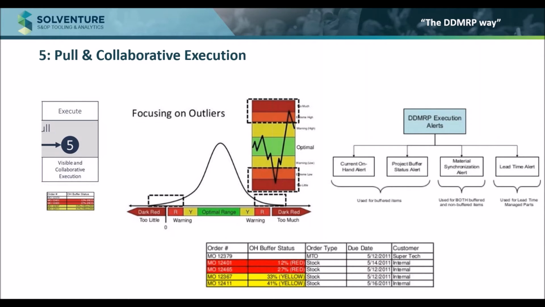All right, the last element, which I think is also quite innovative, is the capability within DDMRP to give priorities. Priorities, for example, based on the buffer status alert and the on-hand alert. Both are really meant to make sure that if you have multiple items or multiple work in progress arriving at a machine, or multiple orders in a warehouse, you have an easy choice.